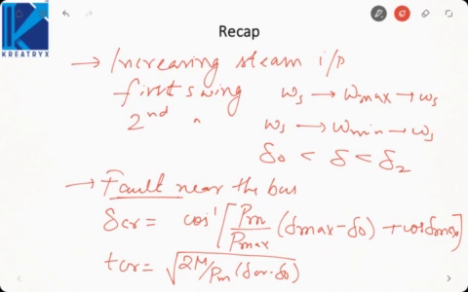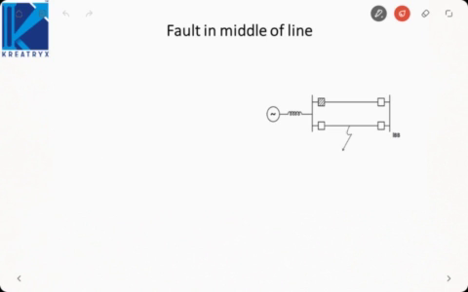In this lecture we will consider a more general case of the fault occurrence, when the fault occurs in the middle of one of the lines. Suppose we have two parallel transmission lines, or a double circuit line, in which the fault occurs at the middle of one of the lines. Now in this case the reactance of the generator is, let us say, Xd double dash.